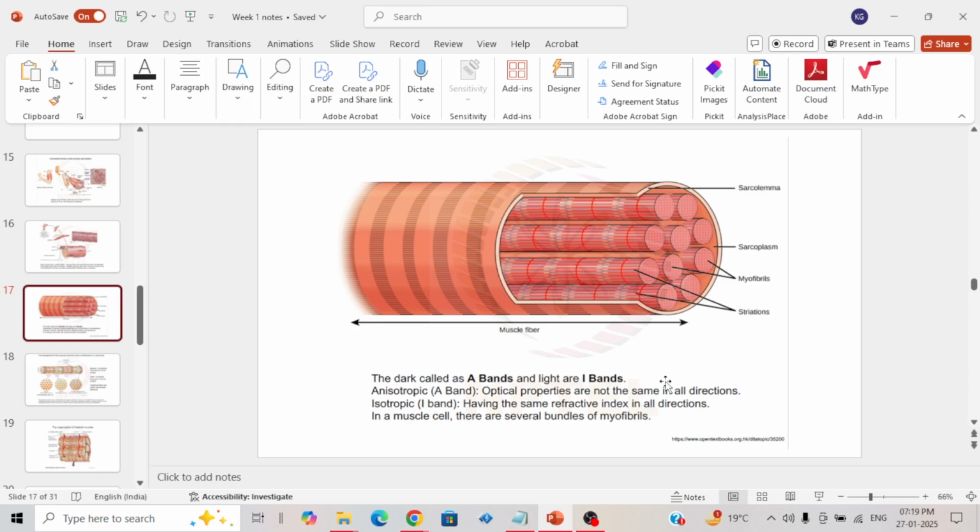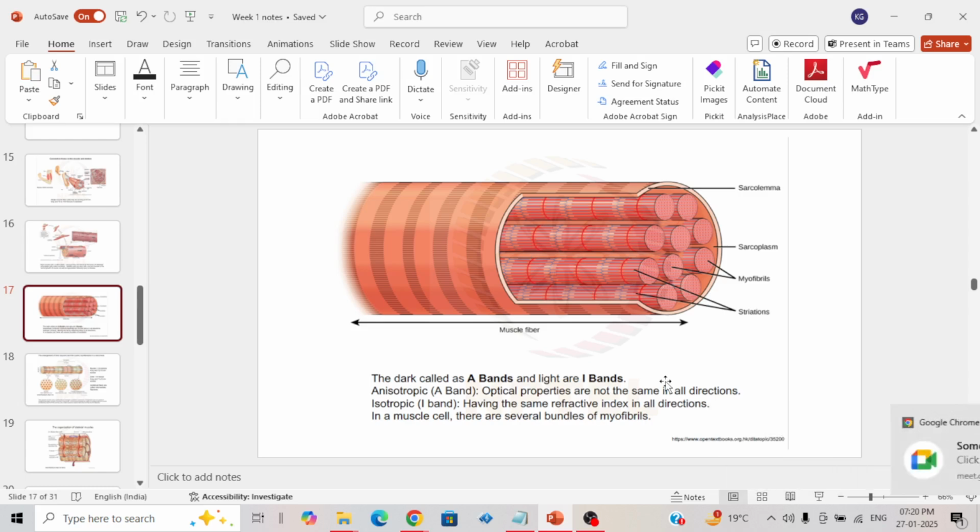The outer covering of the bundle of myofibrils is called connective tissue. No, sarcolemma. Sarcolemma is the covering of that bundle of muscle cells, not the covering of these myofibrils.